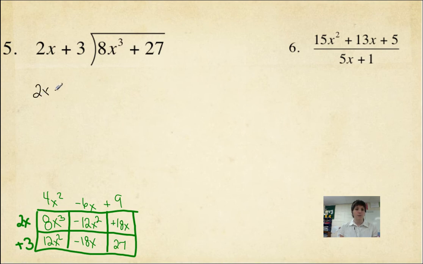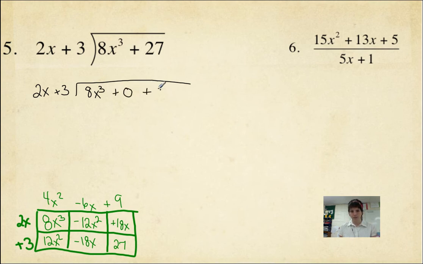So 2x plus 3 is your divisor, and you're dividing 8x to the third plus 0x squareds plus 0x's plus 27. Got to have those placeholders. And then you go through all your long division steps, which I'm not going to talk through, but you can fill them in.